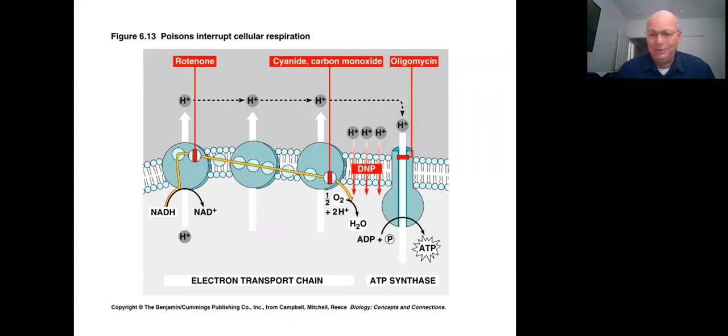There is a little bit of a difference. And so this antibiotic can kill bacteria, particularly aerobic bacteria, by shutting down their ability to make ATP. And then DNP, otherwise known as dinitrophenol.